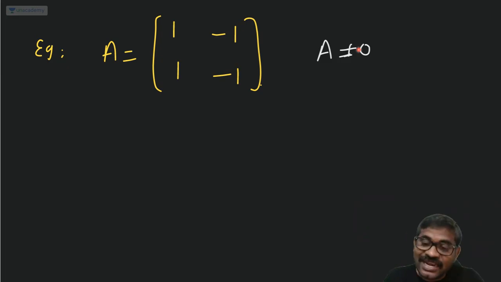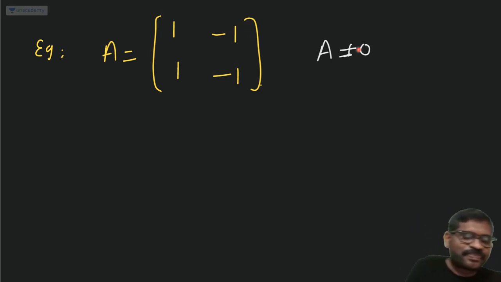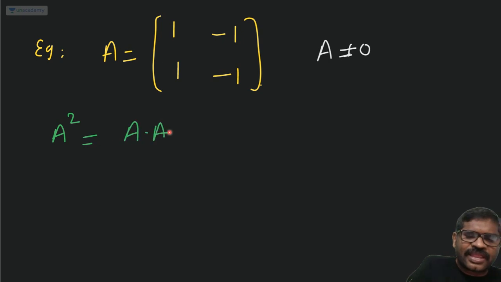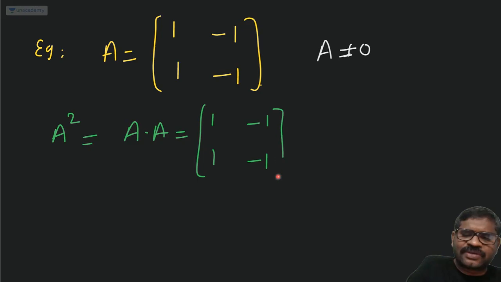Then it is a nilpotent matrix of index 4. Whether 4 or 3 or 2, we have to check only by calculating power of the matrix. Now, I am calculating A square. A into A. Multiply 1 minus 1, 1 minus 1 with 1 minus 1, 1 minus 1.